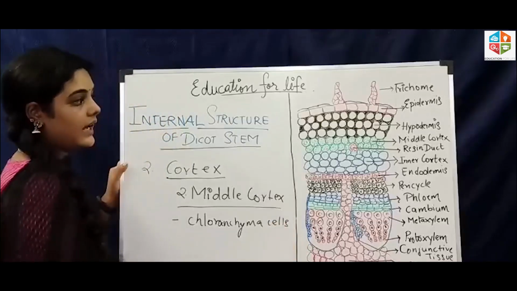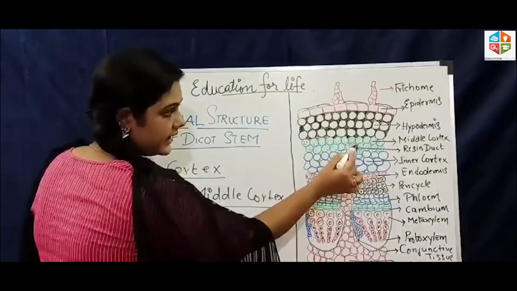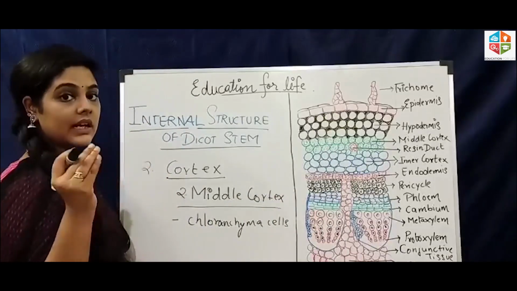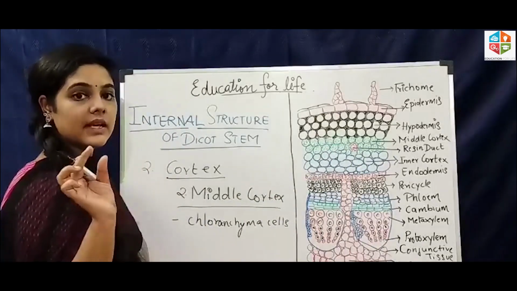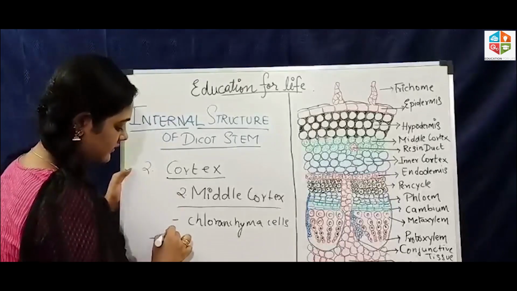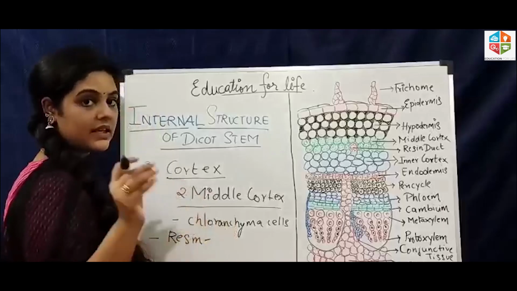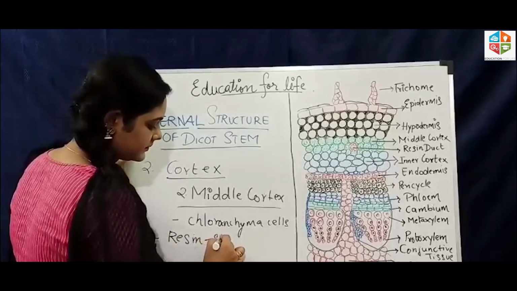Here you can find a red colored duct, which is called the resin duct. The resin duct secretes a substance called resin, which is basically a sticky substance.